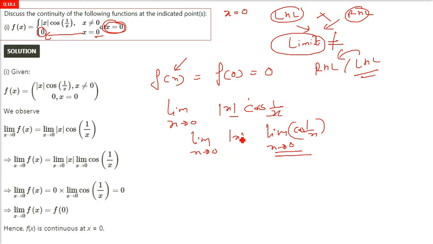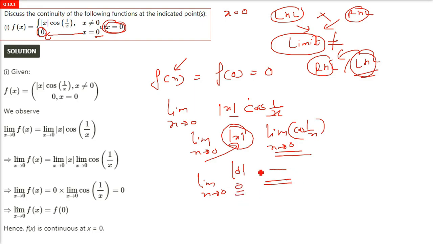But what you see here is limit x tends to 0 for mod x. Mod x is mod 0. So that is 0. So whatever is on the right hand side doesn't matter, because it is going to be 0 anyway. So for the right hand side limit, cos 1 by x, you don't have to worry about.